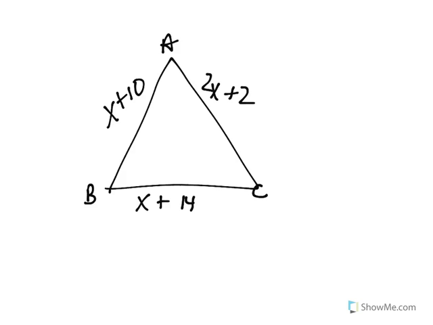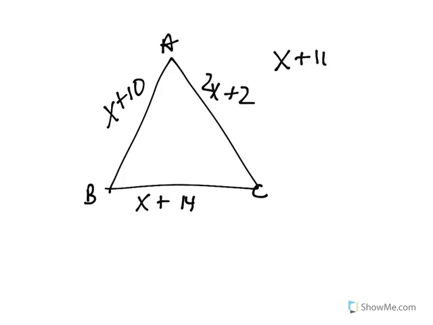We want to figure out what we could put in for X that would make this triangle work. I don't know if there's an easier way to do this, but what we want to make sure is that X is a value that will not allow any of these sides to be 0.